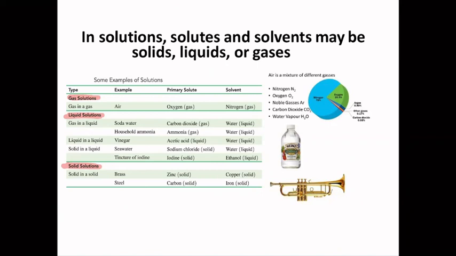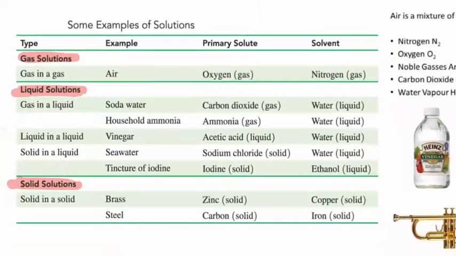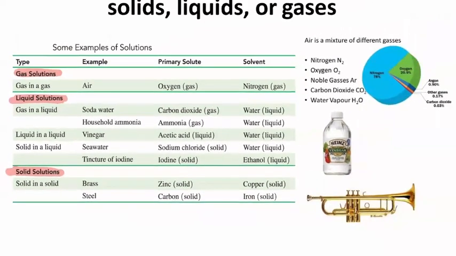So let me give you guys an example of a gas solution. If we look at this table right here, we can see that one example of a gas solution is the air we breathe, okay? When it comes to air, and you can see the pie chart on the right side of the slide, air is actually made mostly of nitrogen.